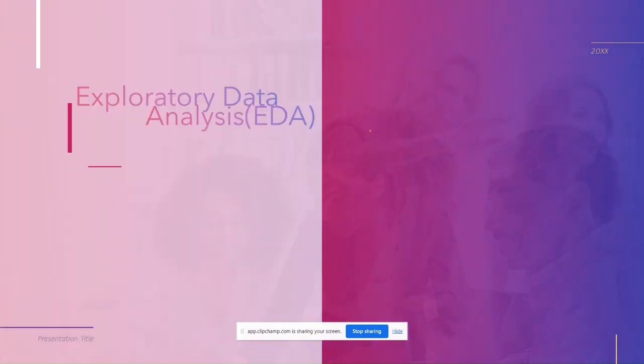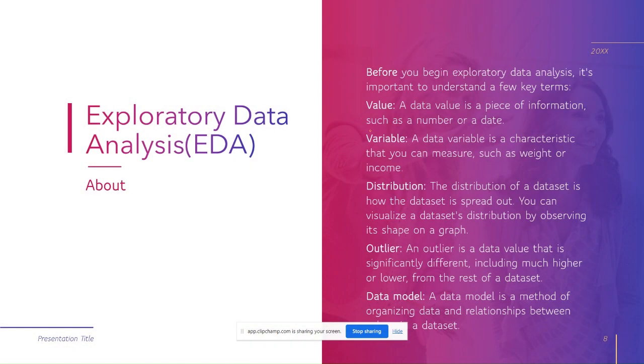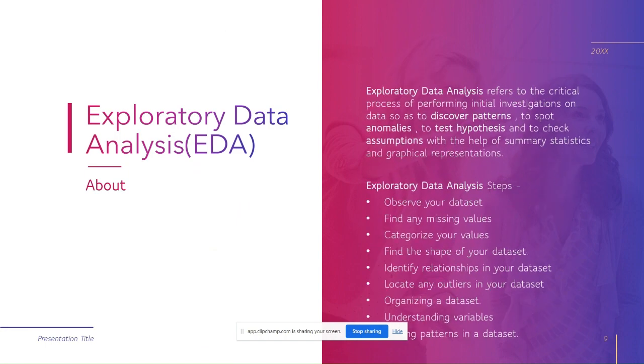So how does EDA work? The exploratory analysis steps are: observe your data set, find any missing values, categorize your values, find the shape of your data set, and identify the relationships within your data set.